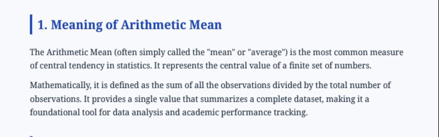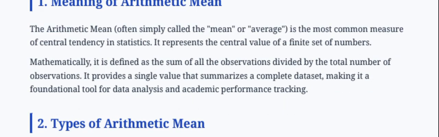So the sum total of all the ages of the students in the class divided by the number of students in the class. This is how you can calculate the arithmetic mean mathematically.